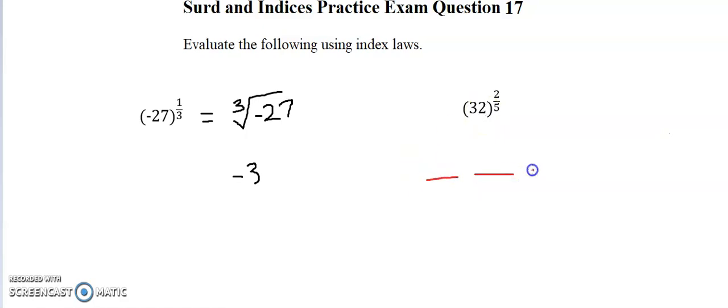So 2 times 2 is 4, 4 times 2 is 8, 8 times 2 is 16, and 16 times 2 equals 32. So 2 times 2 times 2 times 2 times 2.